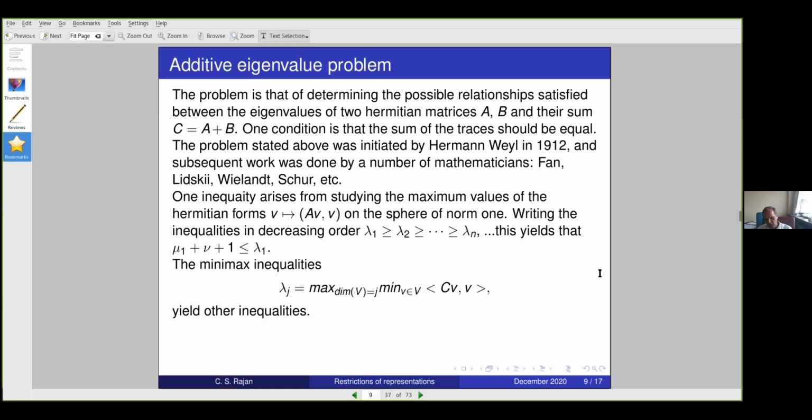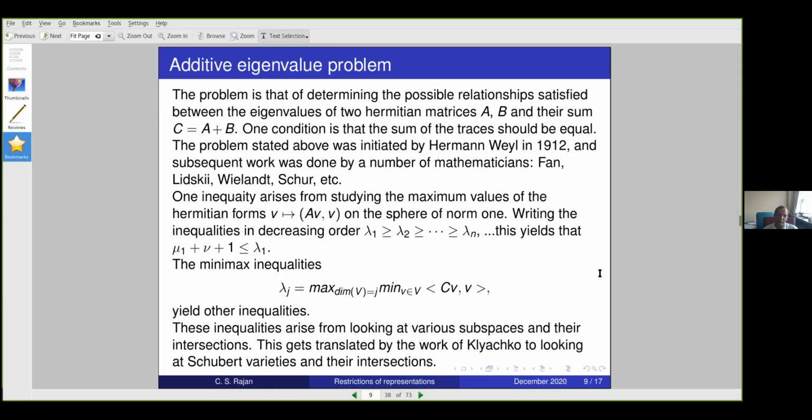I just wanted to say that the minimax inequalities, which were considered by Hermann Weyl, give you other inequalities relating the eigenvalues. And the point I want to make is that these inequalities arise from looking at various subspaces, for instance subspaces of dimension j, and intersecting them with a suitable complementary subspace of dimension n minus j.